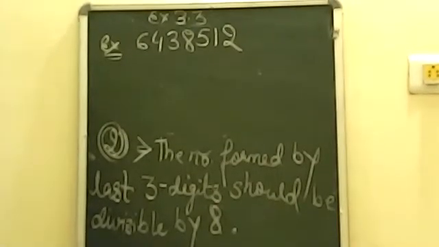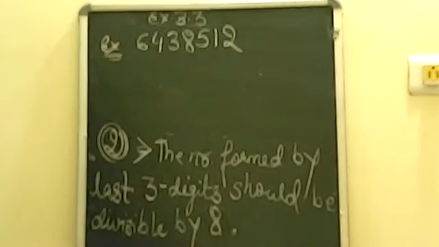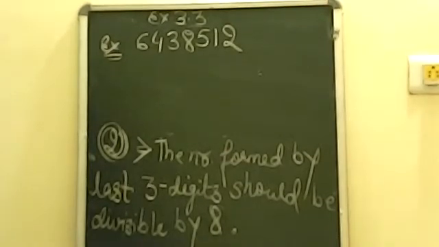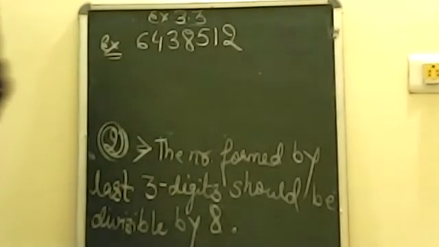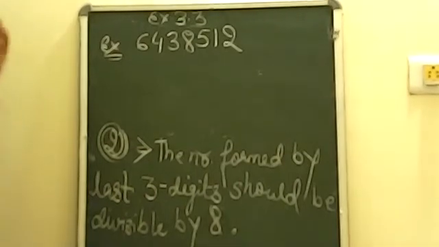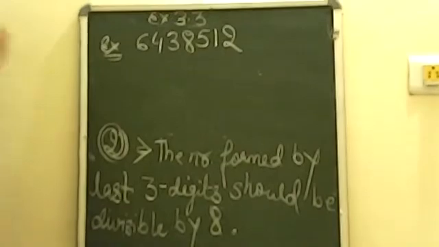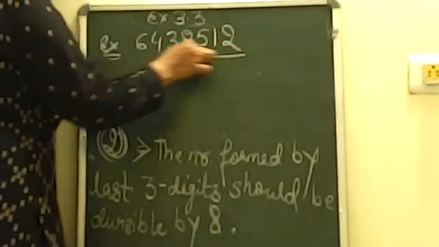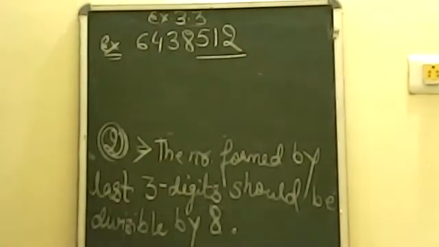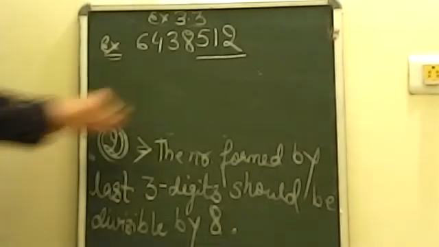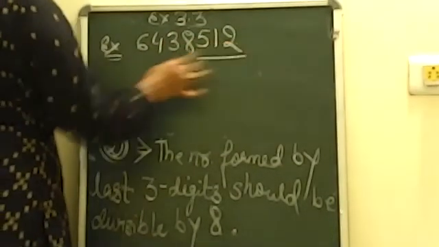So we will use only the test जो कि हमने just अभी पढ़ा है बेटा. The test says that we have to take the last 3 digits. So we will underline the last 3 digits of this number, और जैसे ही हम इसको अंडरलाइन करेंगे बेटा हमें नंबर मिलेगा 512.